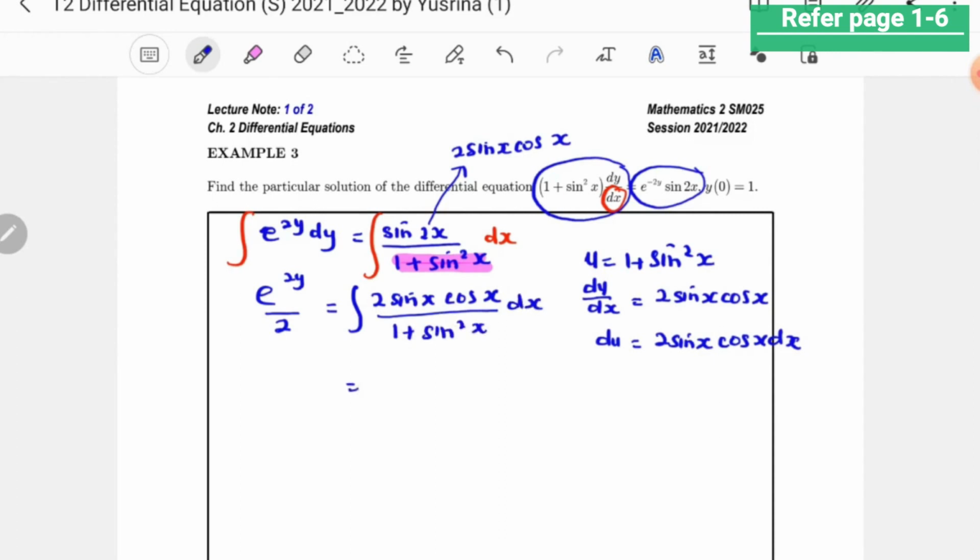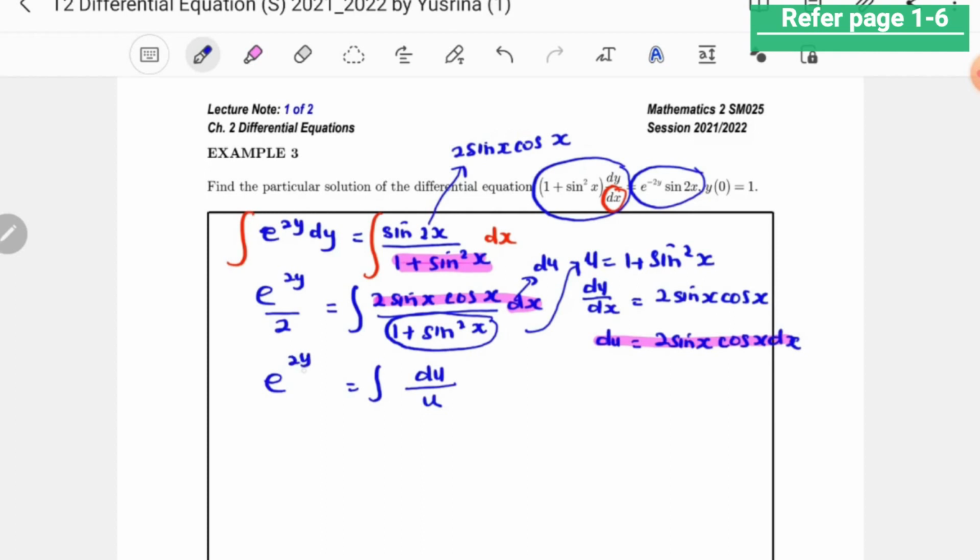So 1 plus sin squared x, you get u. And then du equals 2 sin x cos x dx, this one du. So integrate du over u, where we substitute 1 plus sin squared x as u.